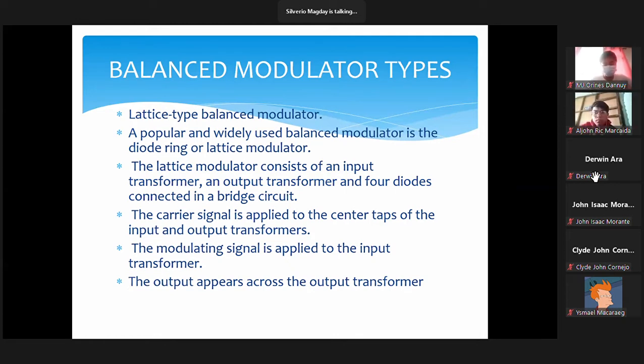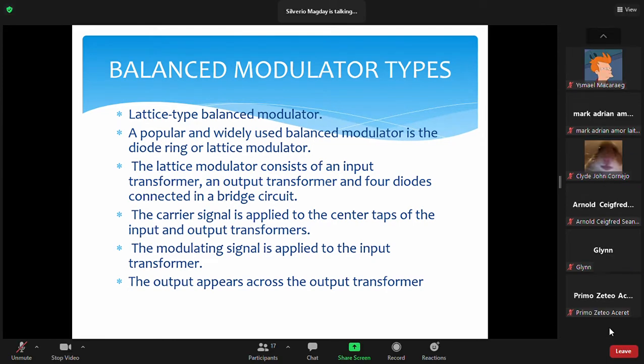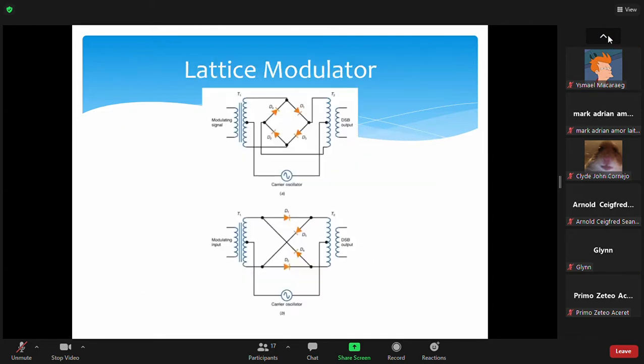Consists ng input transformer, output transformer, and 4 diodes connected in a bridge circuit. Kailangan nyo din maging familiar sa mga figures or circuits of modulators. Minsan lumalabas siya sa mga board exam.